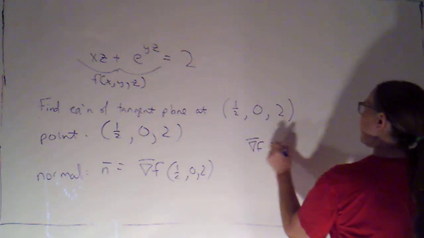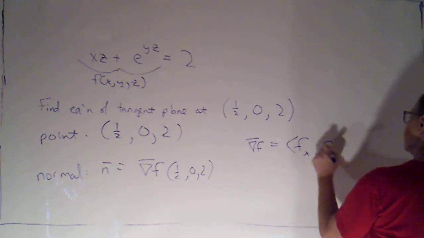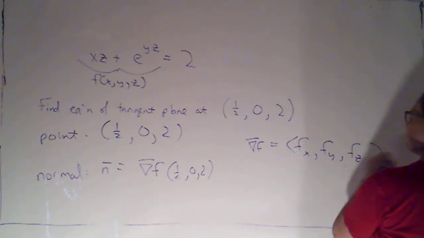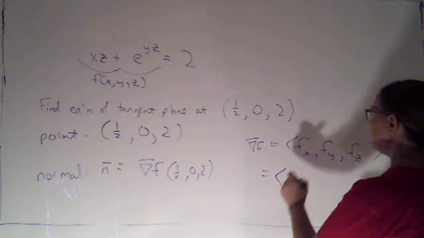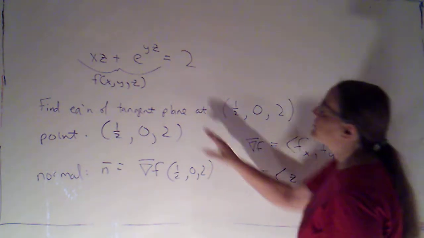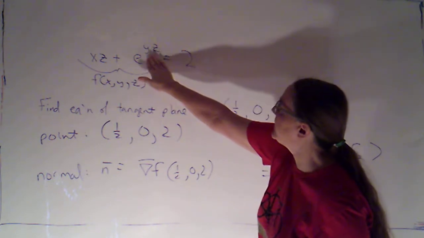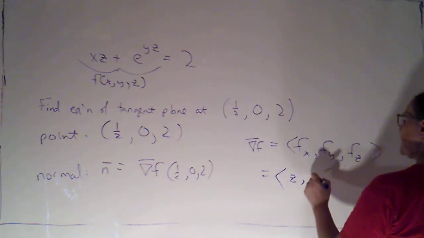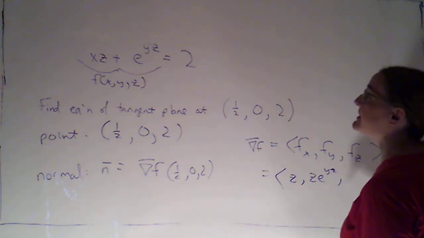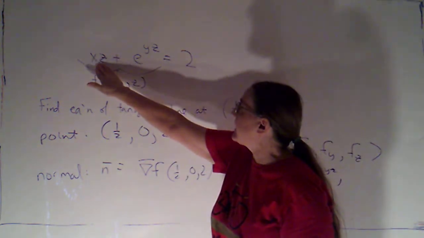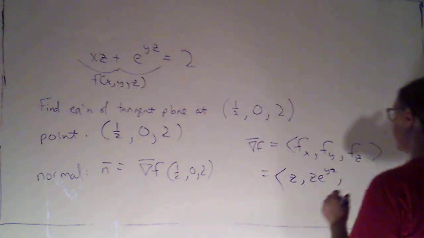So the gradient of f, I know that's just f sub x, f sub y, f sub z. That's going to be partial with respect to x is just z. Partial with respect to y, the y only shows up there, so that's going to be z e to the yz. Partial with respect to z, I get an x here and a y e to the yz here.